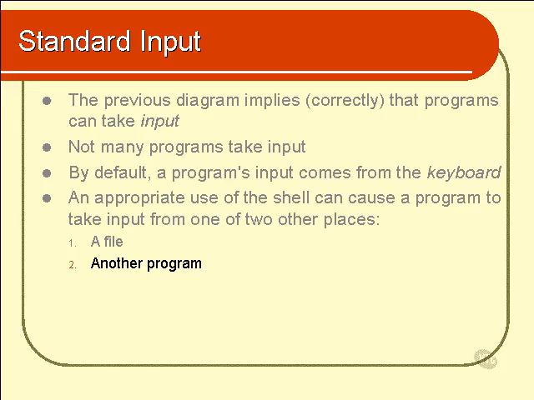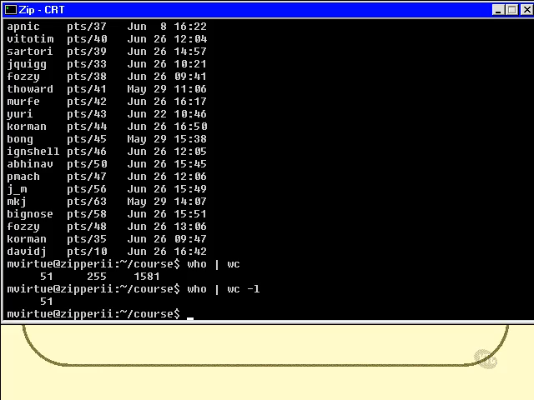That wc program used that output as input, which implies, of course, that wc is a program that can take input, which in turn implies that if we didn't use the pipe symbol to feed the output of the who command into the input of the wc command, then we could have got the input for wc from the keyboard. If you have no idea what I'm talking about or what that could possibly look like, I'll give you a demonstration. Now we can see the results of the wc command there.